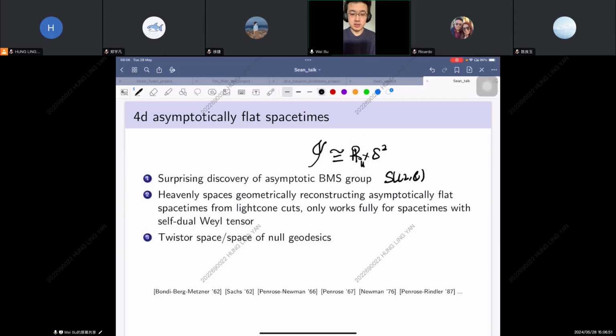Then Ted Newman, in these papers, picked up this discovery of BMS and said, okay, so the BMS group, the asymptotic symmetry group, shifts these asymptotic data. So starting from the asymptotic data and the manifold scri, can we reconstruct spacetime somehow, Minkowski space itself or other 4D asymptotically flat spacetimes?